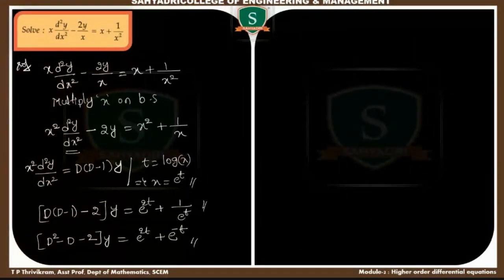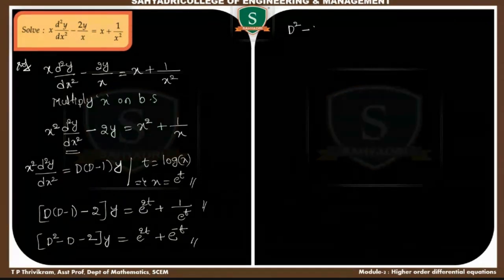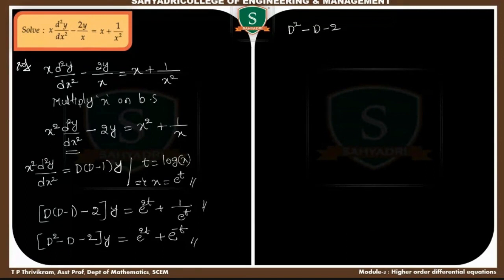So now we have overall equation like this: d square minus d minus 2 into y is equal to e power 2t plus e power minus t.